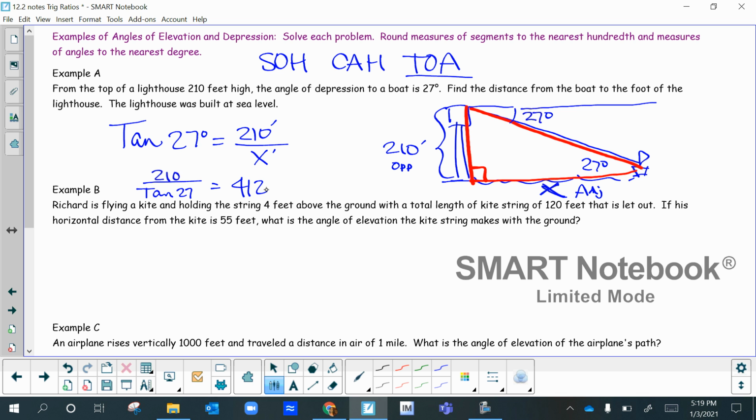So about 412, what does it say to round to? Hundredth, that's the second decimal, 0.15 feet. I'm going to box my answer. So the boat is about 412.15 feet away.